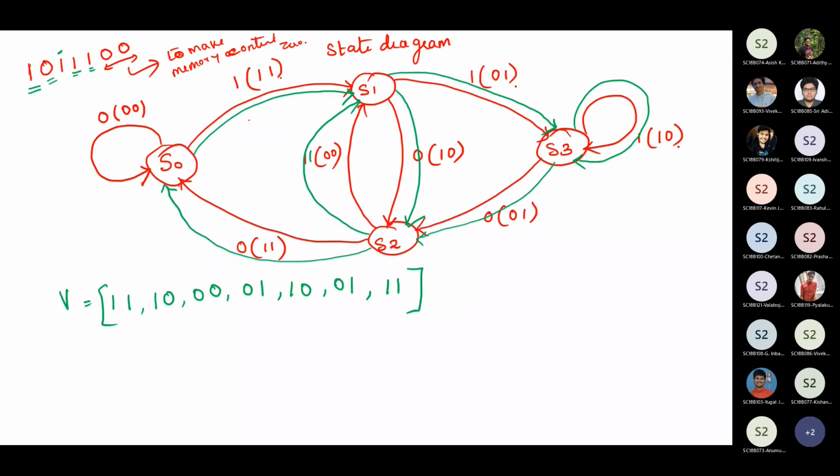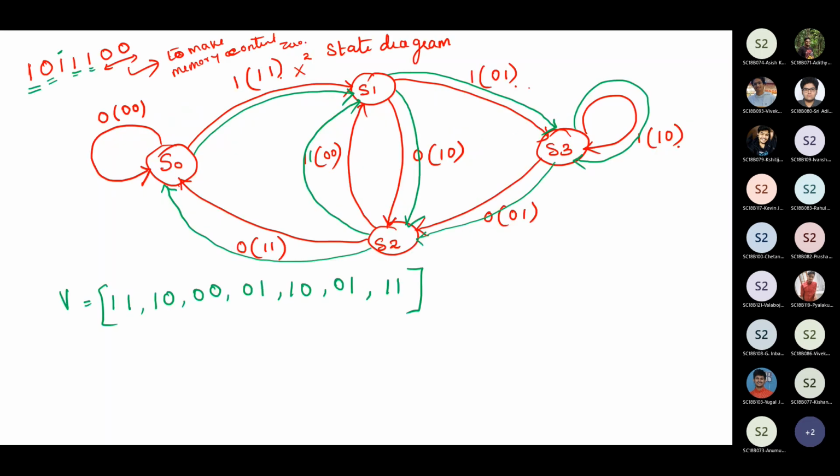So if you take S0 to S1, the number of ones present in the output is 2. So we will be writing x power of the Hamming weight of this output. The Hamming weight of the output is 2, so x square.